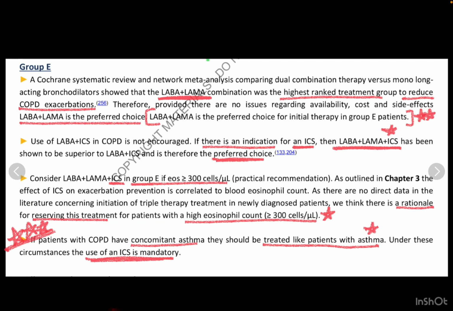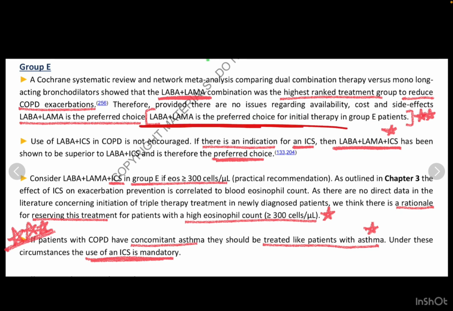Then they are talking about group E. They are telling LABA and LAMA combinations were the highest ranked treatment group to reduce COPD exacerbation. Therefore, provided there are no issues regarding availability, cost, and side effects, LABA and LAMA is the preferred choice for initial therapy of group E patients.